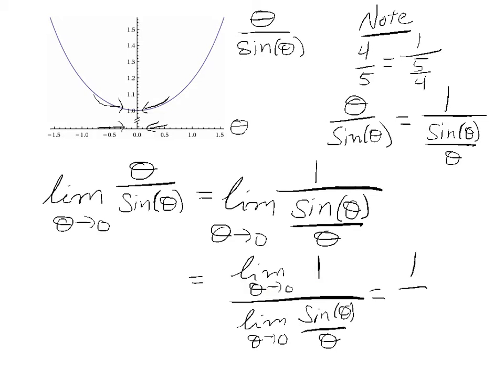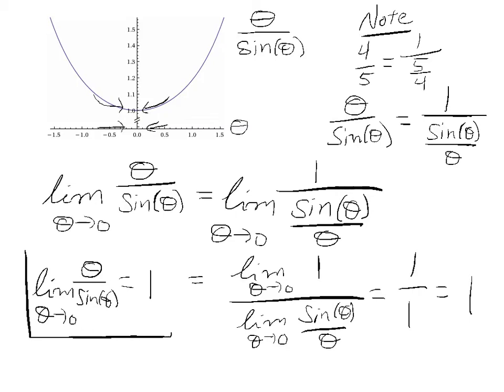So we get 1 over 1, and that is 1. So we've just verified, and I'll write it down here, that the limit as theta goes to 0 of theta over sine theta is equal to 1.